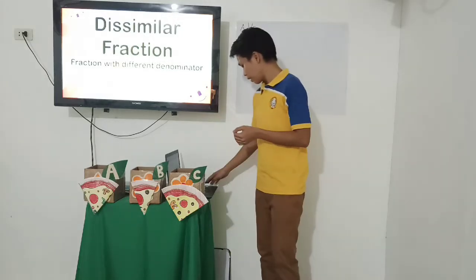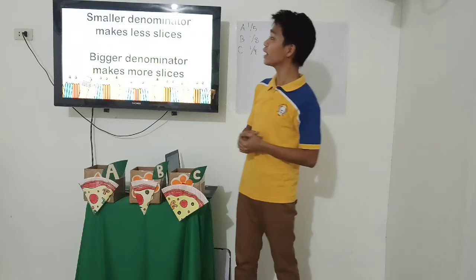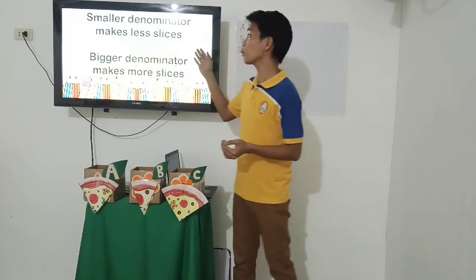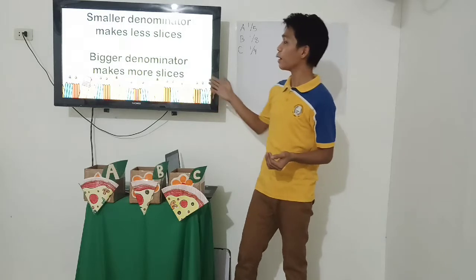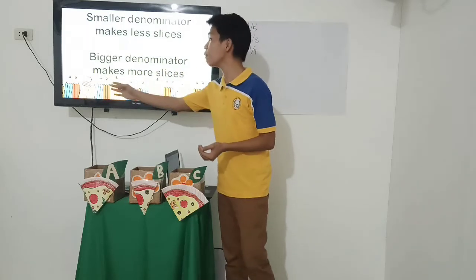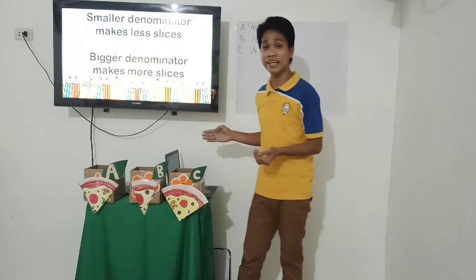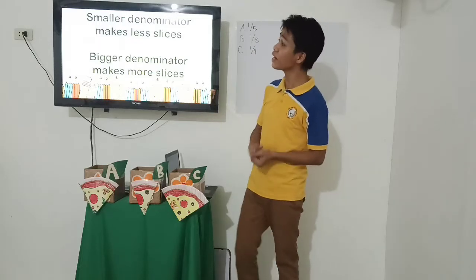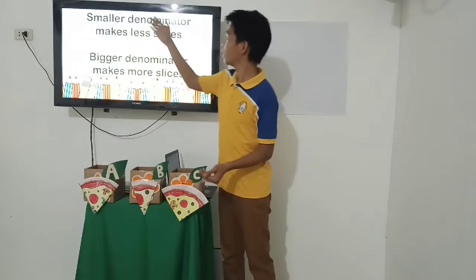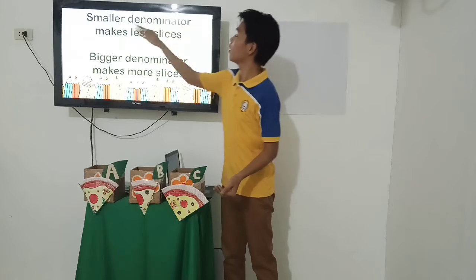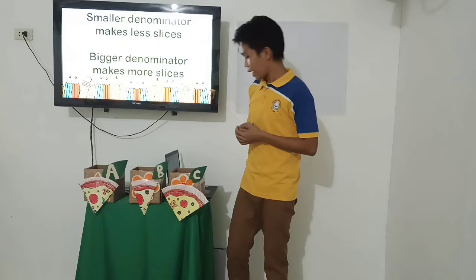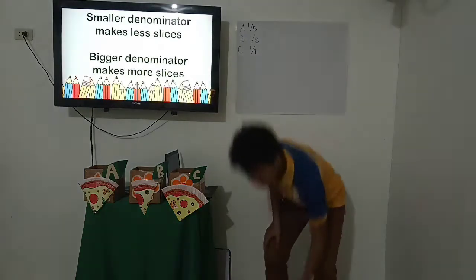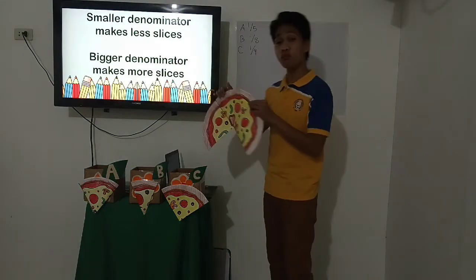That's right. Let's always remember that a smaller denominator makes fewer pieces, and a bigger denominator makes more slices. Now let's read it again. Smaller denominator makes fewer slices. As you can see in our pizza, we have 1/4.